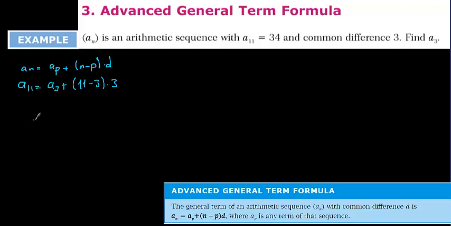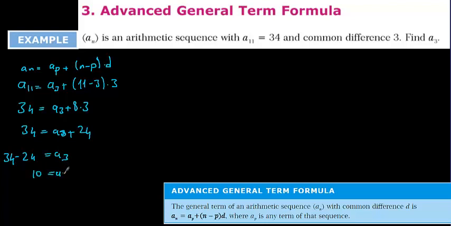Then A11 is equal to 34, and it is equal to A3, the value we are looking for, plus 11 minus 3, which is 8, times d. So 8 times 3 is 24. 34 is equal to A3 plus 24, and 34 minus 24 is equal to A3. 10 is equal to A3.